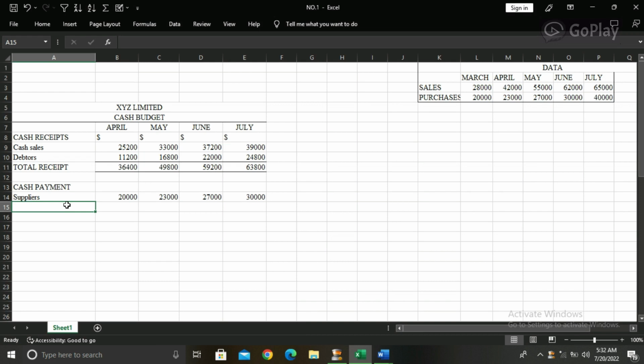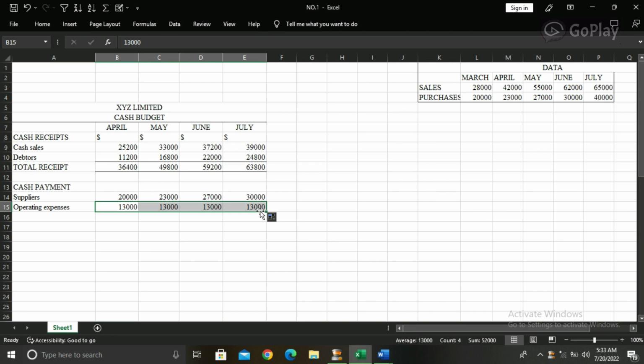So first of all, we have operating expenses. Each month we have 13,000. Because of time, since each month is 13,000, I'm just going to use my Excel to drag it and then write it on each of the months.